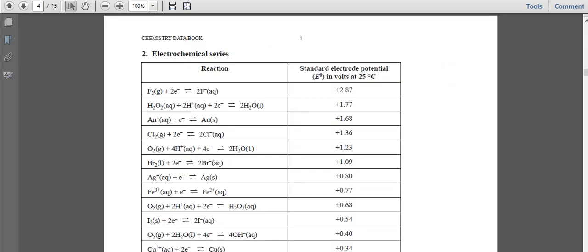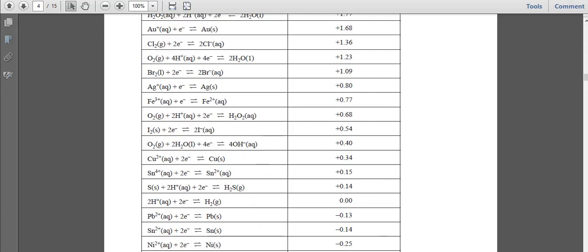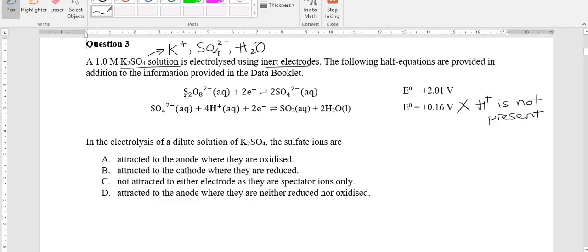So if we highlighted the species present, you have water. So let's just write, we have O2, and this is positive 1.23 volt.